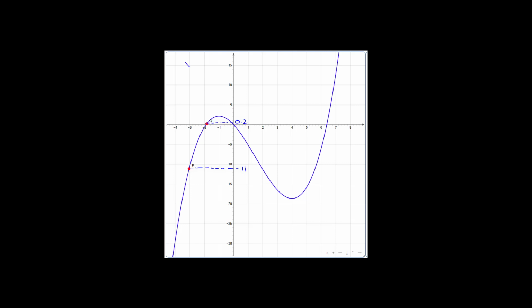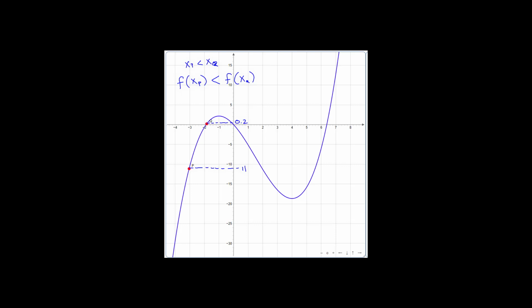So we have x of p is less than x of q, and likewise the function evaluated at these points, the y values, the y value at point q is larger than the y value at point p, so f of xp is less than f of xq.